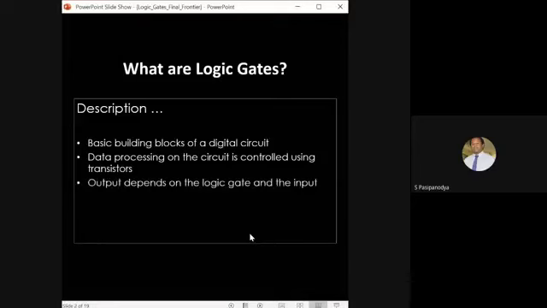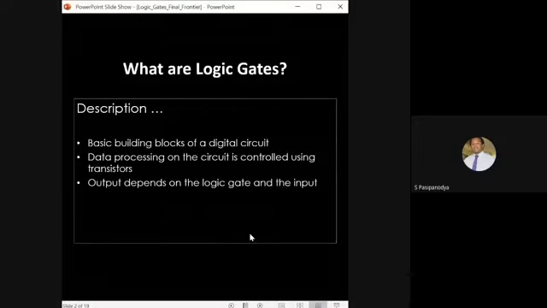And at the same time, we can also determine the type of output that is going to be outputted by our gate, as well as the type of input that it is going to take. The output that a gate outputs is greatly dependent upon the type of input that the gate takes.